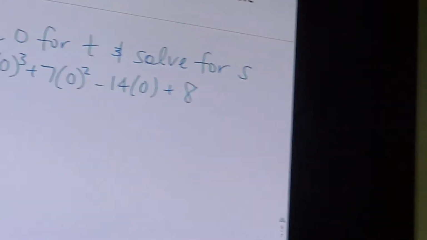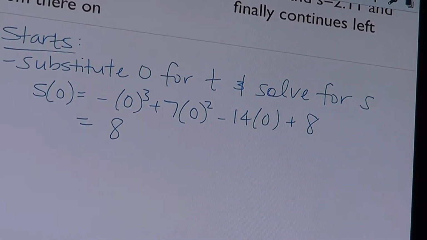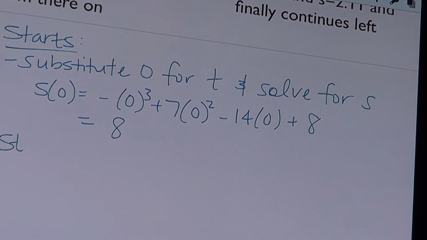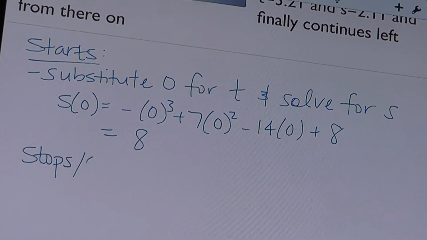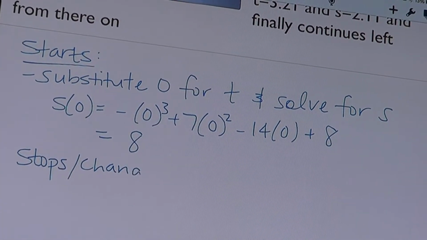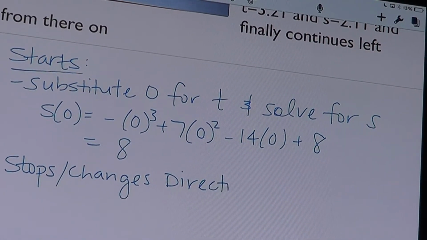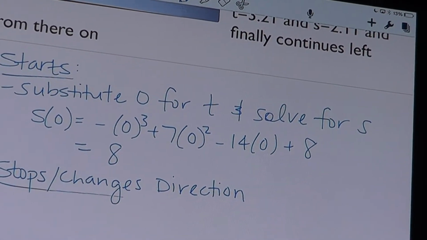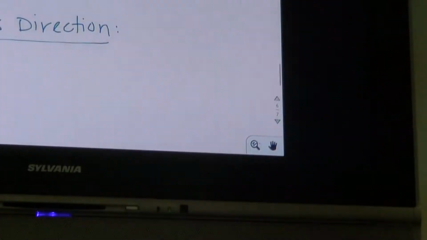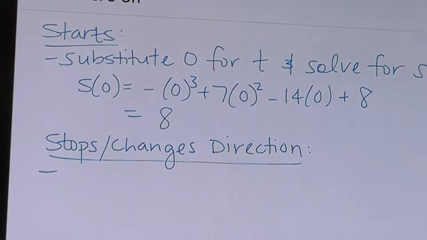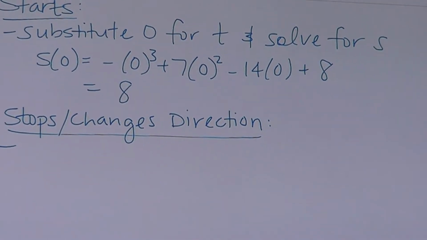And then to figure out where it stops and changes direction, that is going to be where the derivative equals 0.